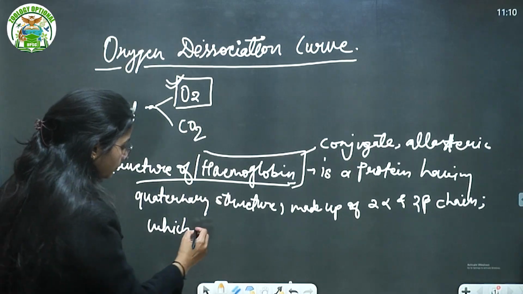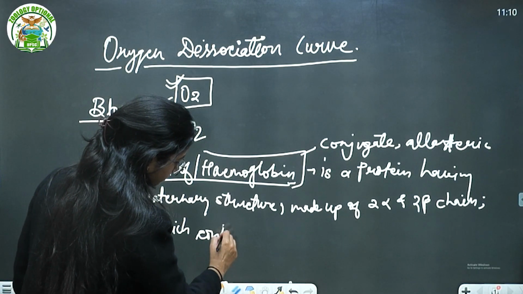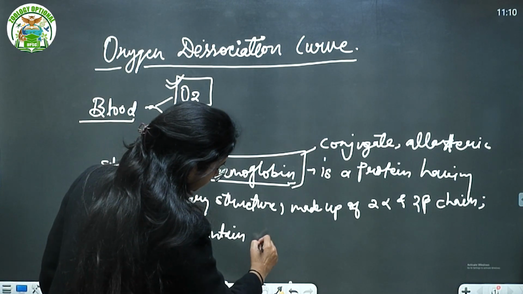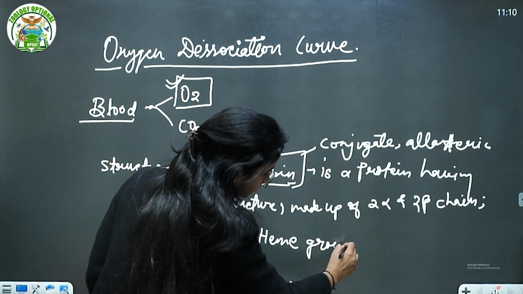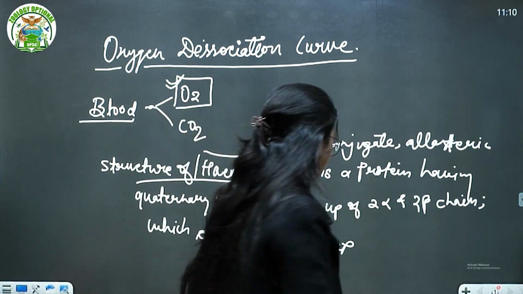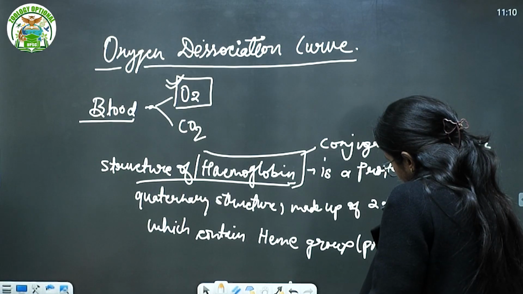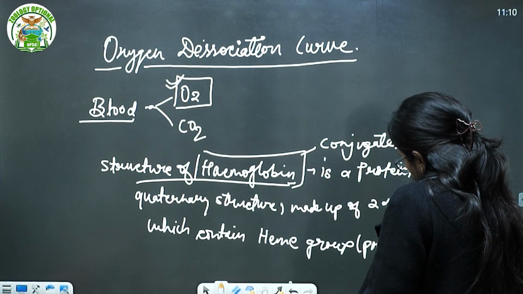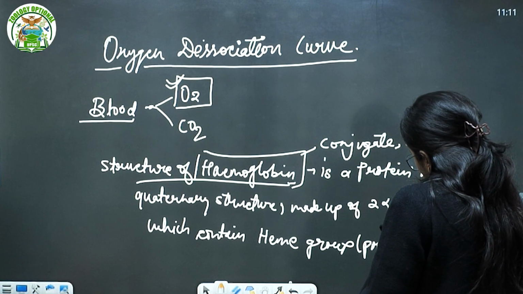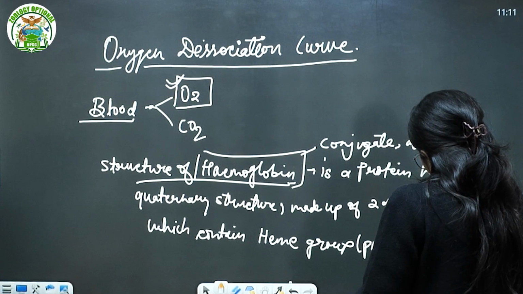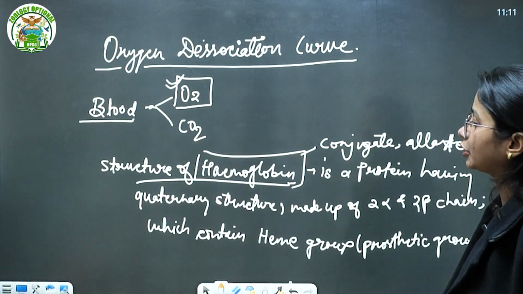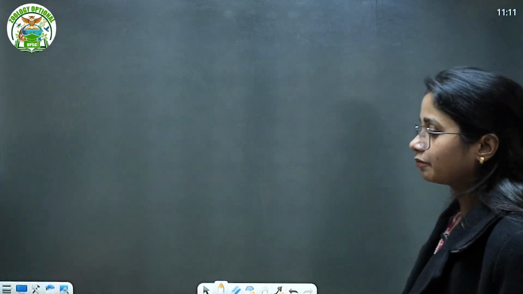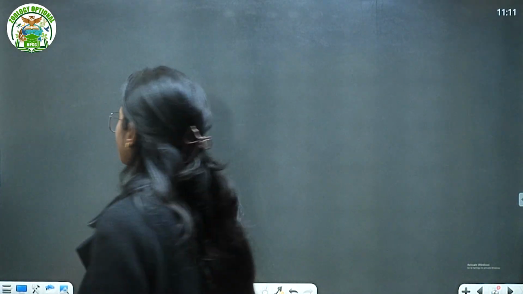It contains the heme group, which is the prosthetic group of the protein. Why do we need only this, and why are we not going into that much detail of the structure? Because today's topic, of course, is the oxygen dissociation curve.